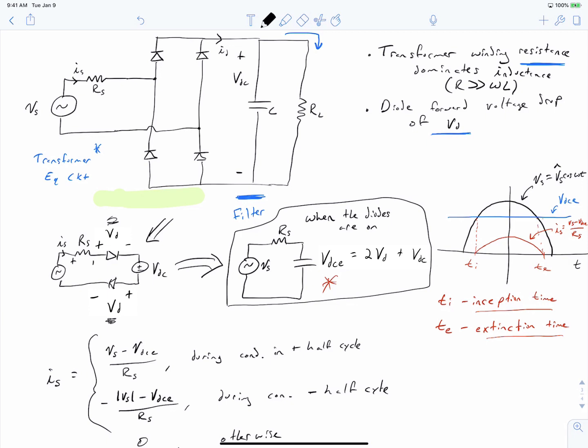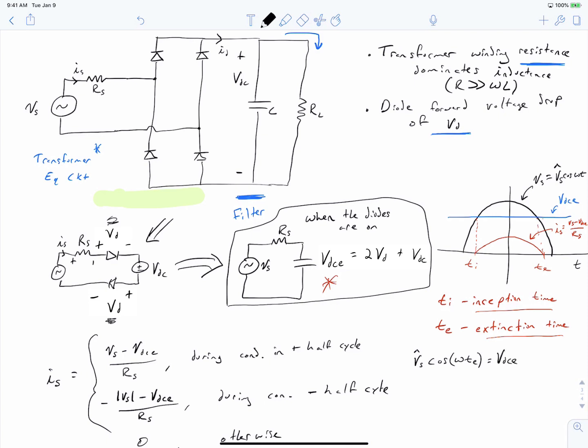So since we know that Vs is a sinusoid, or in this case a cosinusoid, we can actually solve to find our exact inception and extinction times. Our extinction time is going to occur when our Vs expression evaluates to being VDCE.